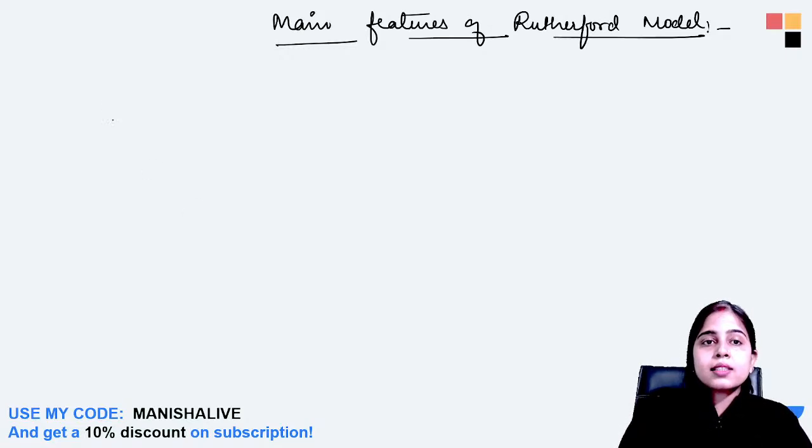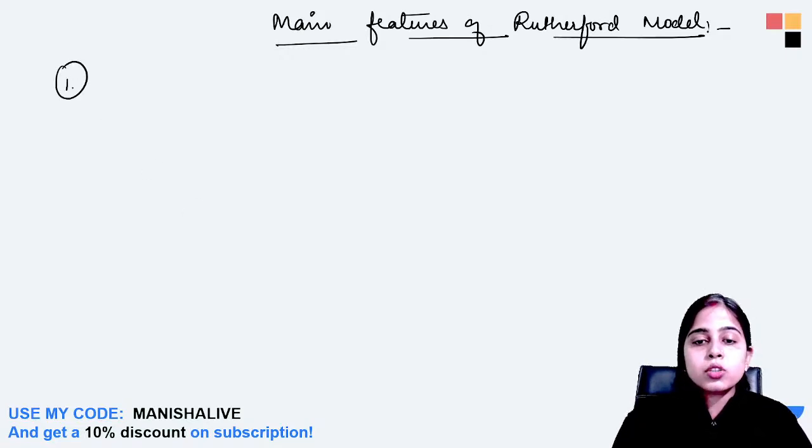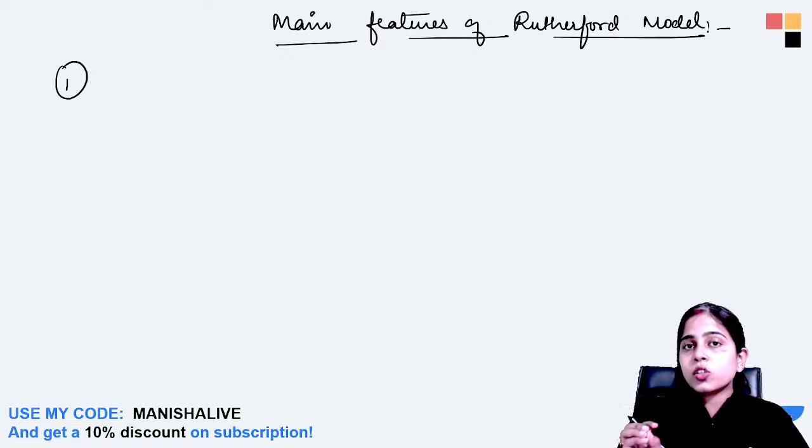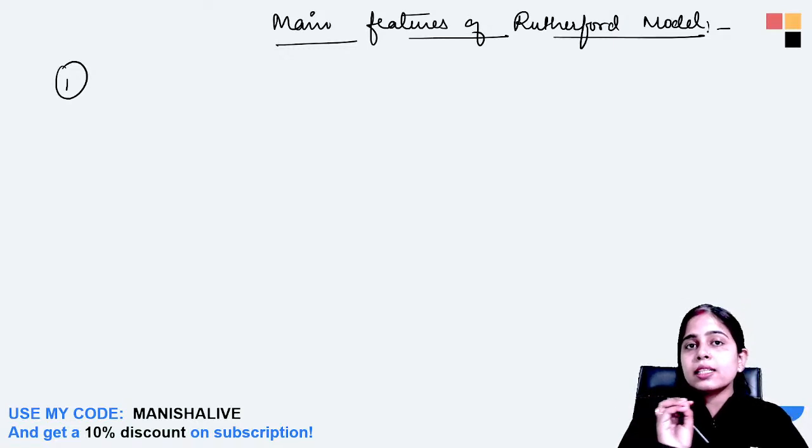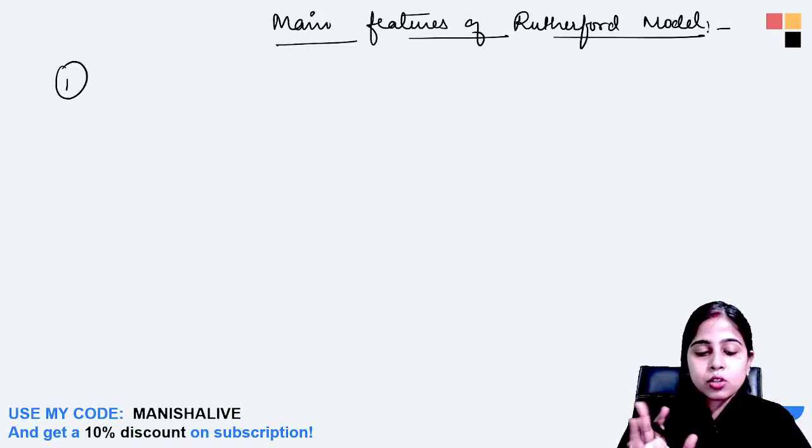So the main feature is that, first, according to this model, the atom contains a very large empty space, and it also contains a very small part called the nucleus, which is situated at the center of the atom and which carries almost the entire mass of the atom.